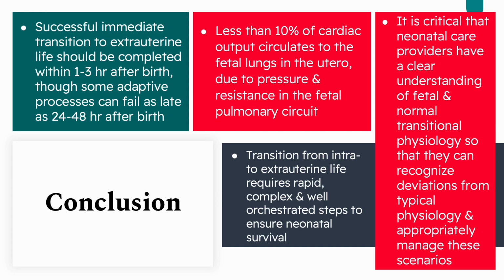It is critical that neonatal providers, you, the midwives, have a clear understanding of fetal and normal transitional physiology so you can recognize deviations from typical physiology and appropriately manage those scenarios. This transition from intrauterine to extrauterine life requires rapid, complex, and well-orchestrated steps to ensure a neonate's survival.